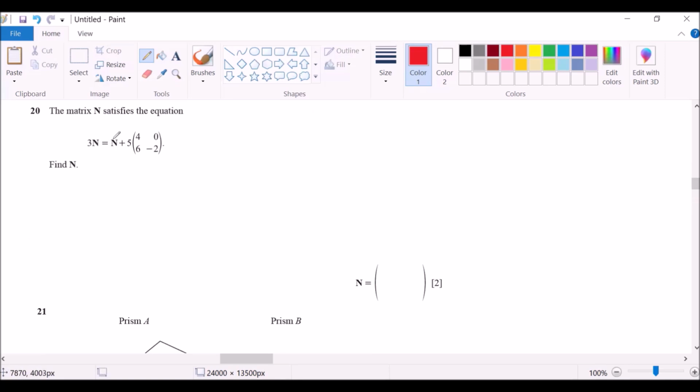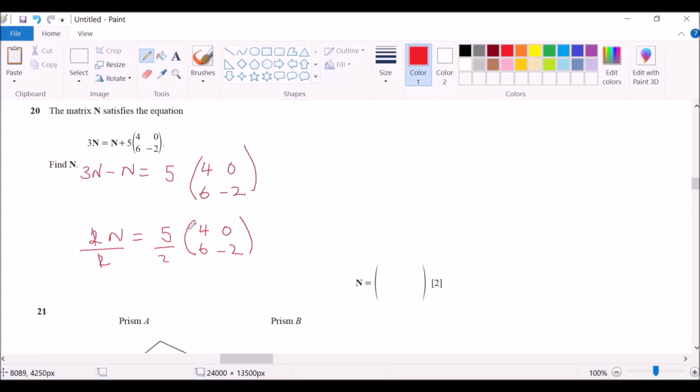So now we collect like terms. 3n, by moving this n to that side, it becomes minus n, is equal to 5 times (4, 0, 6, minus 2), which means 2n is equal to 5 times (4, 0, 6, minus 2). Divide both sides by 2. n becomes 5 over 2 times (4, 0, 6, minus 2).